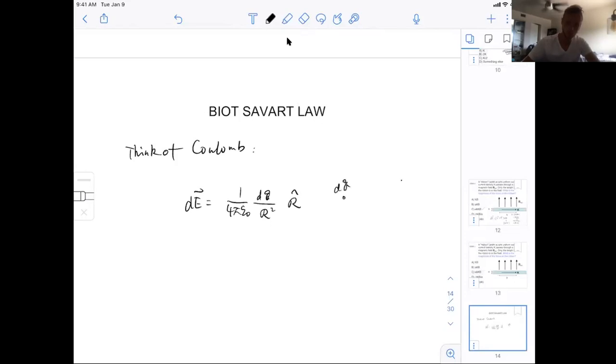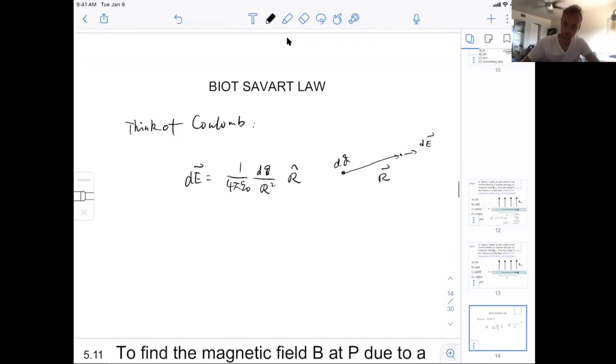And at some distance from the source to your field point, curly r, and it's producing a little E field dE. So this is telling me, okay, this is my source and this is my field, and how much field is produced by the source. So Biot-Savart is sort of the equivalent of that status in the magnetic fields.